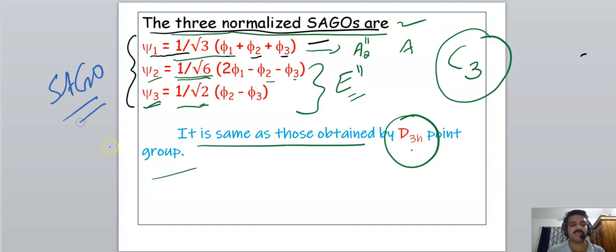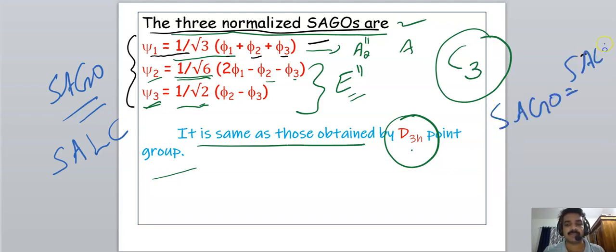From these we want to form symmetry adapted linear combinations, SALCs, by linear combination of these. Sometimes the SAGO itself becomes a SALC. If a SAGO does not interact with any other orbital, it will be a SALC. If a SAGO interacts with other wave functions, then that linear combination will be a SALC. We will discuss that later.